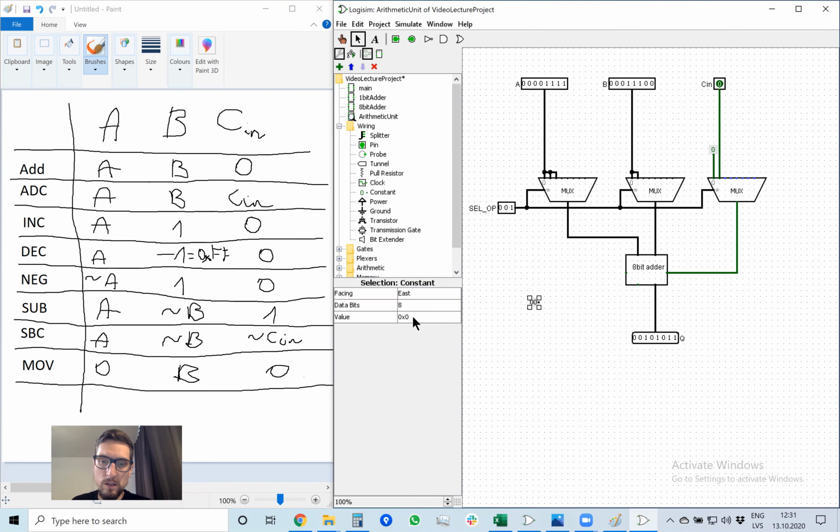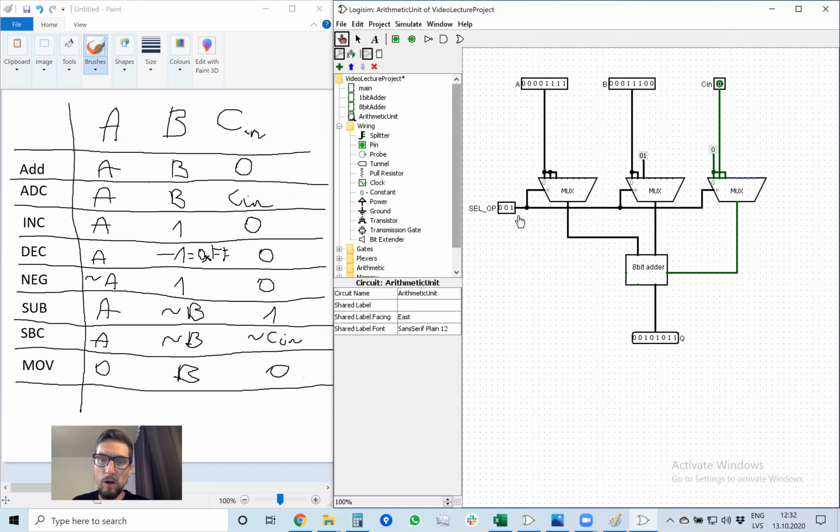So 8 bits, 0x01, facing south, and I put it here. So instead of B, it will use constant number 1 as input. And instead of carry in, it will use 0.